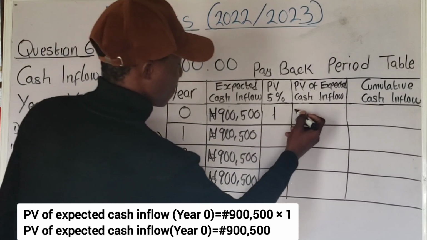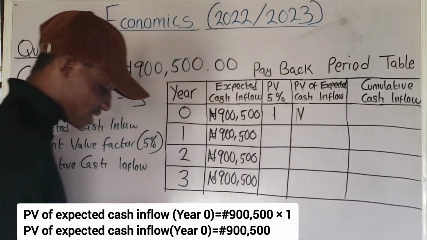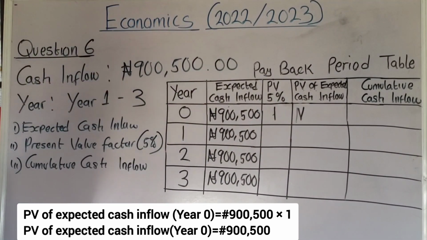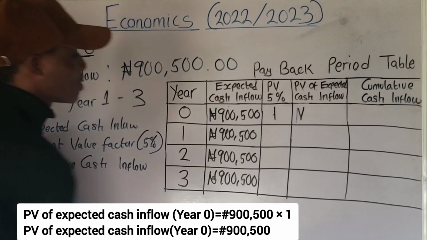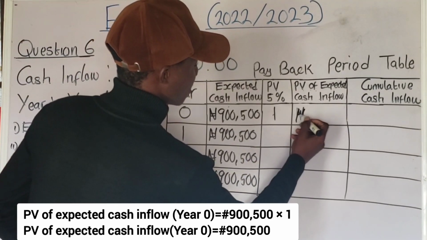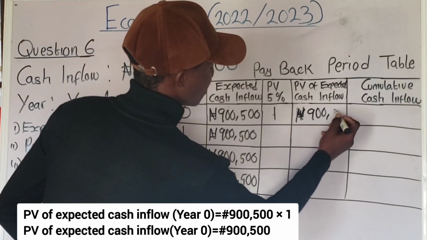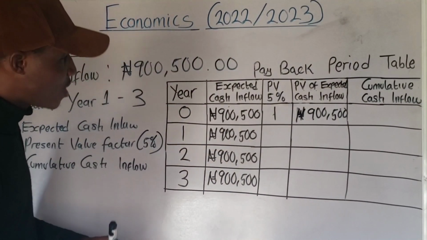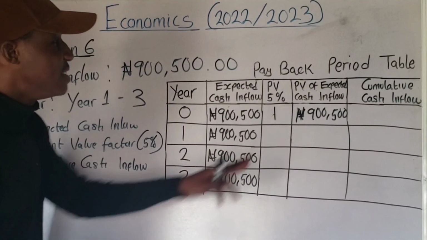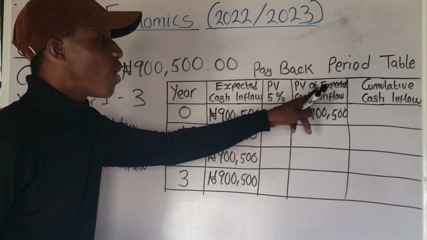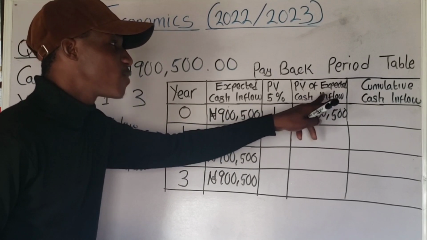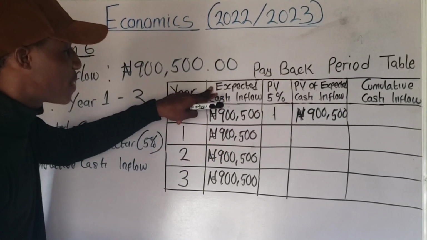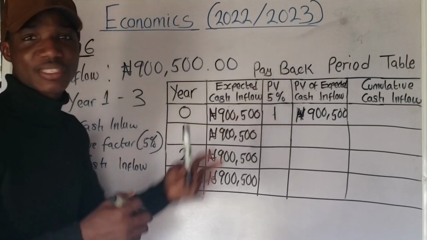That will be 900,500 naira. It is simple. The PV of the expected cash inflow is the product of the expected cash inflow and PV at 5%.